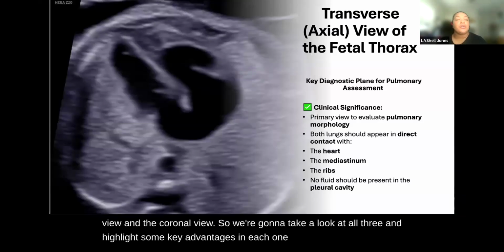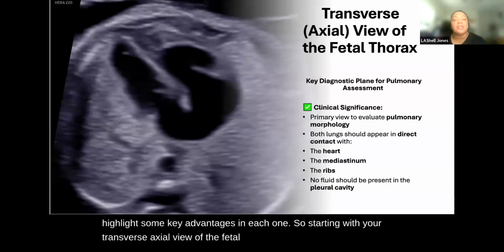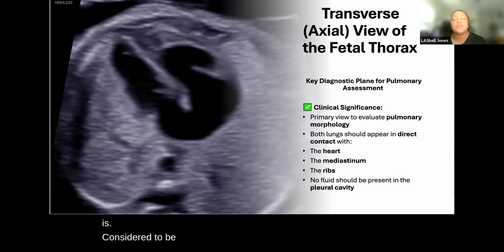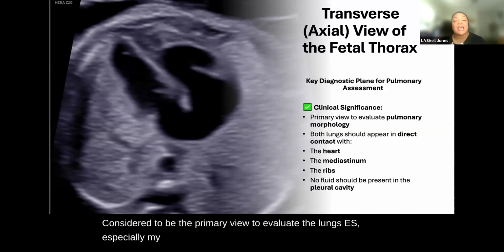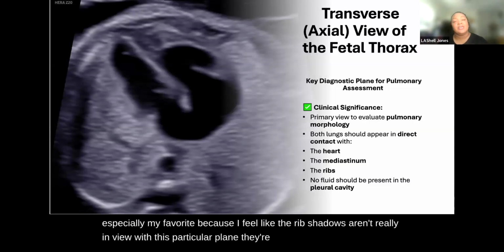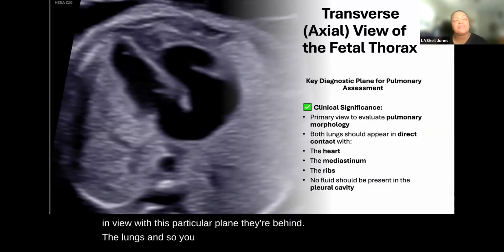So starting with your transverse axial view of the fetal thorax, right away you can see this is considered to be the primary view to evaluate the lungs. It's especially my favorite because I feel like the rib shadows aren't really in view with this particular plane. They're behind the lungs, and so you don't have that artifact.